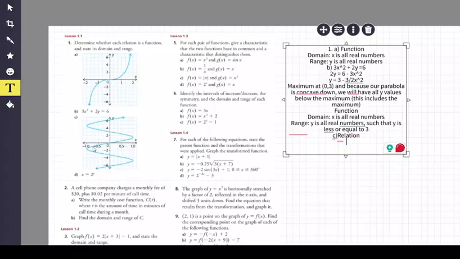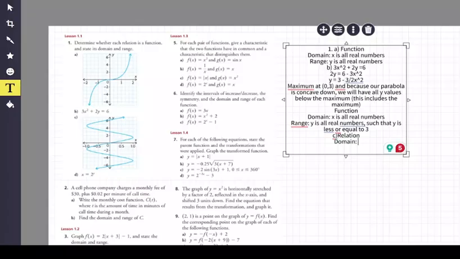Let's talk about the domain. So we see that this is a periodic function. It kind of goes back and forth. So for the x value, the lowest it could go is -1, and the highest it could go is 1. So let's go ahead and write out the domain. And then we see that there is an x value on top of -1. There's also a value on top of 1.